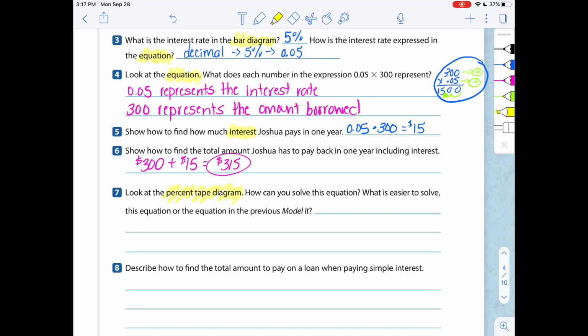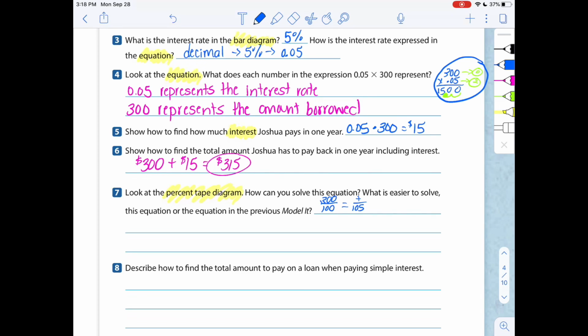So remember, the equation in the tape diagram was setting up a proportion. So in the tape diagram, we had the proportion 300 over 100, because $300 was 100% of what he borrowed, equals T over 105.